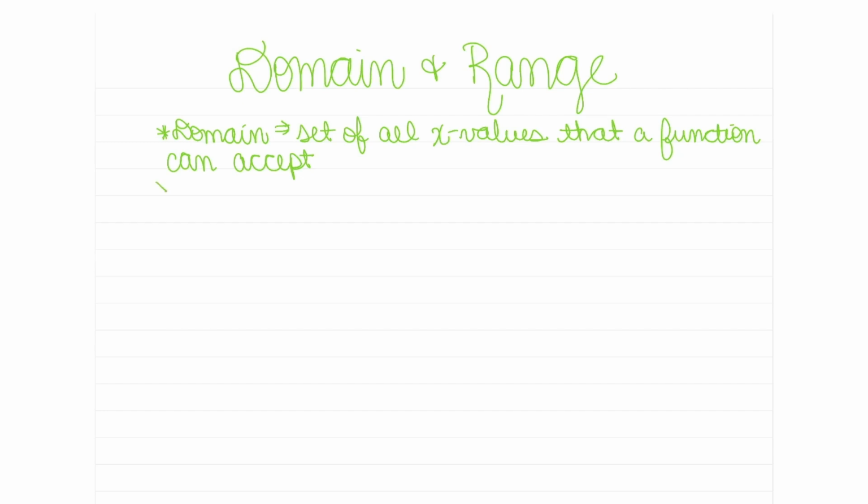Now, let's go ahead and define range as well. Similarly, range are all of the y values, all the output values that the function can produce. So in the example that I just gave, the height would be the output.